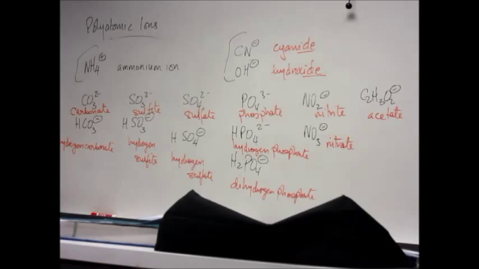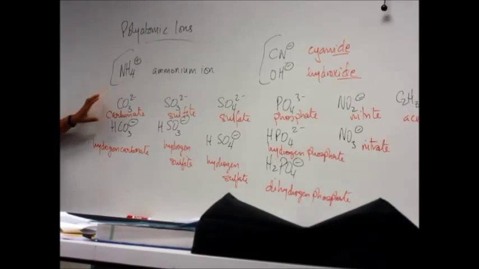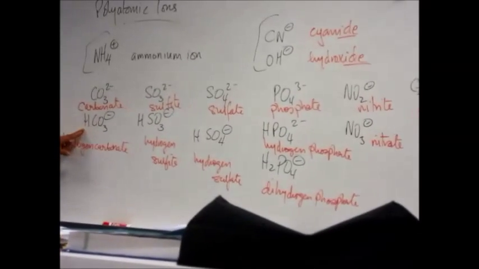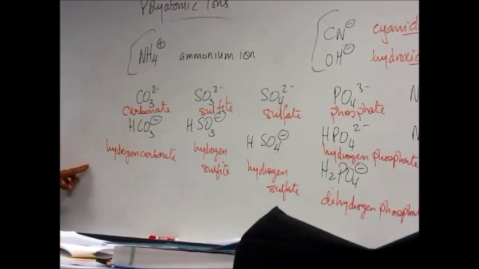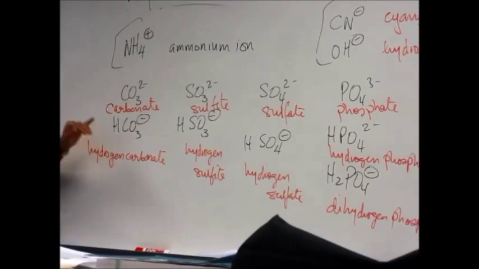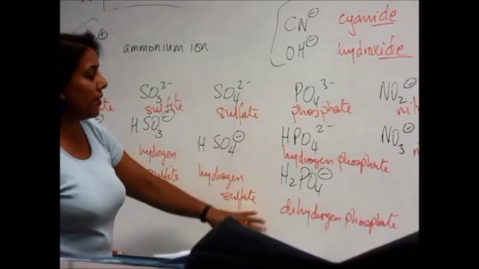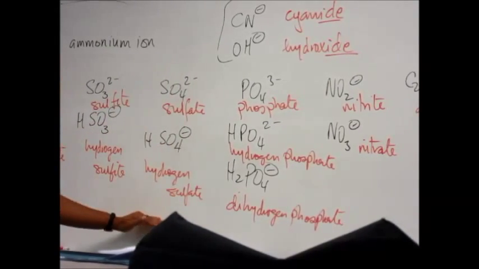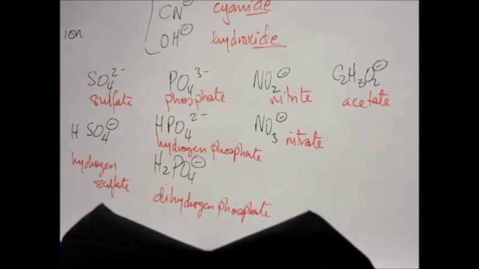Then the other thing you will see, and I wrote them in a very particular format, is that carbonate is this, but as soon as you add one hydrogen to it, then you also remove one charge. And then this name becomes hydrogen carbonate. So it's still a carbonate, but because you've added a hydrogen, it becomes hydrogen carbonate. You will see that in the phosphate also, in the hydrogen sulfate also. So you see some trends, and then you memorize it that way.